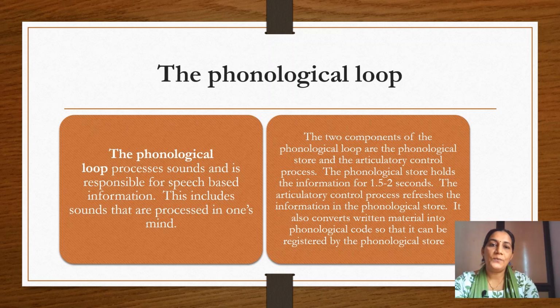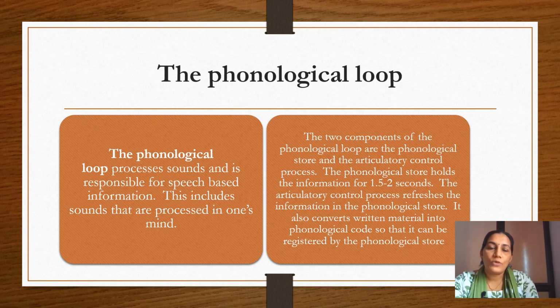The first component of the working memory model is the phonological loop. The phonological loop processes only sounds, and it is responsible only for speech-based information. What we have just heard can be processed by the phonological loop, and sounds are processed in one's mind.